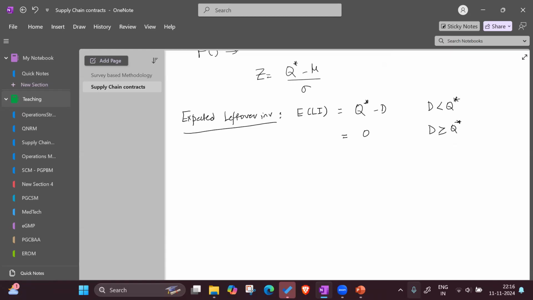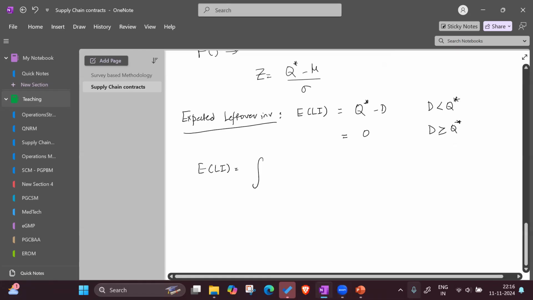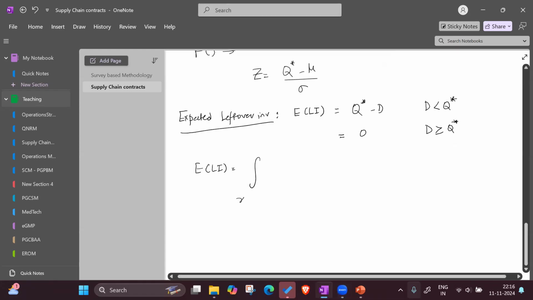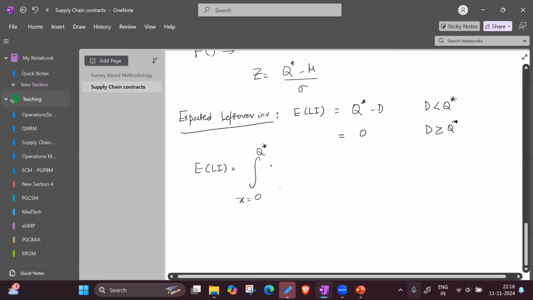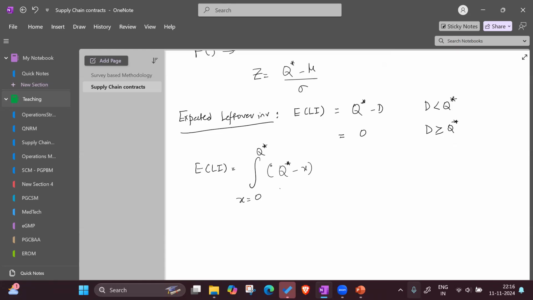But because we are following that demand is normally distributed, our expected leftover inventory is going to be the integral from x equal to 0 to Q star of (Q star minus x) into f of x dx.